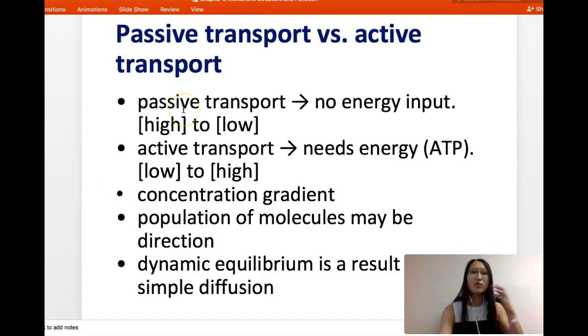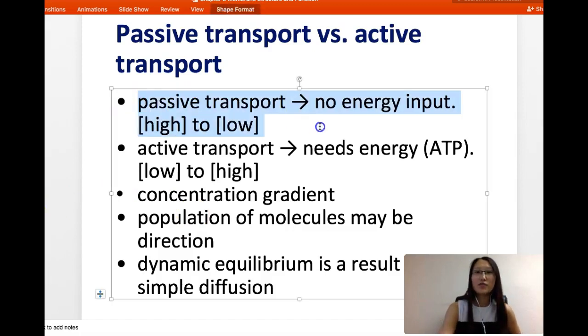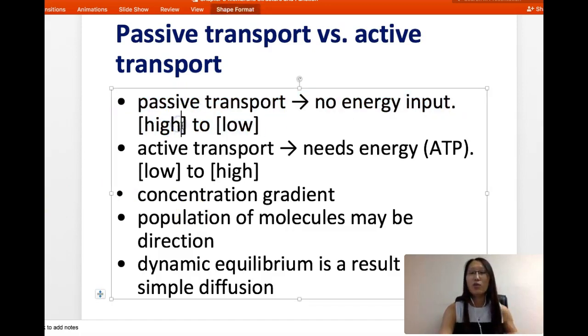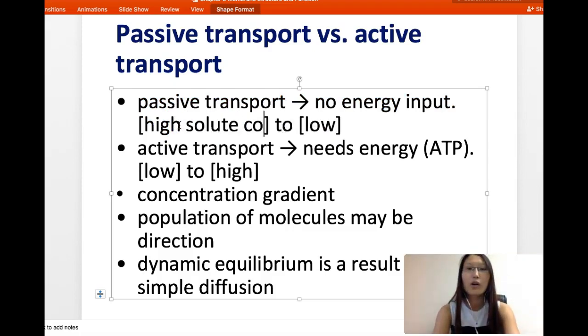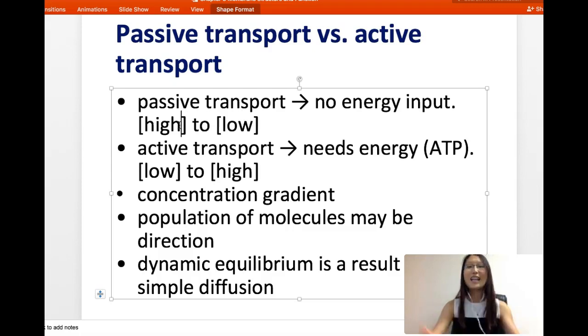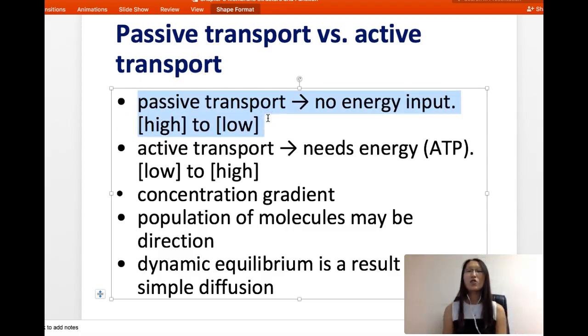All right, passive transport versus active transport. Passive transport is high to low, but what are we talking about? High what? High solute concentration. Well, actually, never mind. High any kind of concentration. If you're talking about passive transport of water, you're going from high water concentration to low water concentration. If we're talking about passive transport of a sodium ion, you go from high sodium ion to low sodium ion.